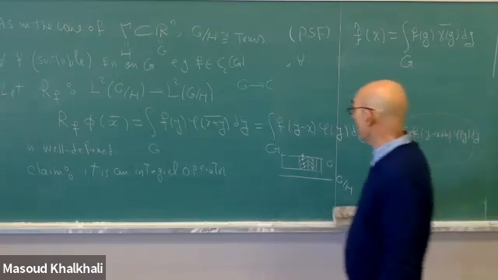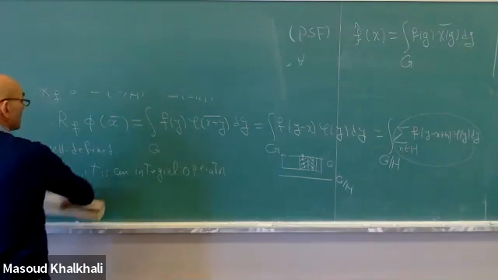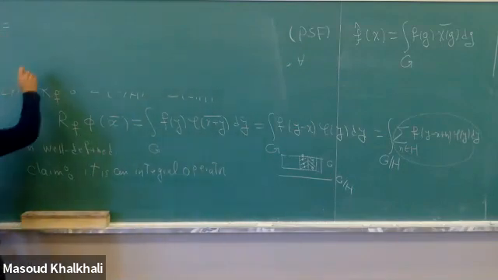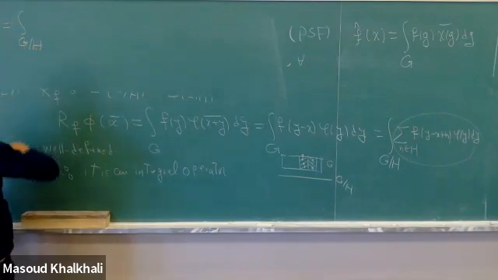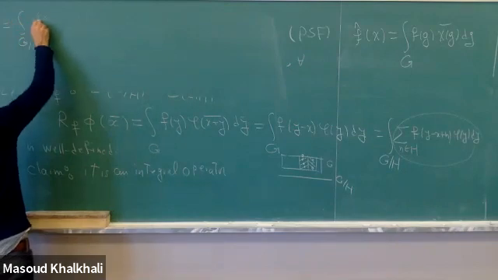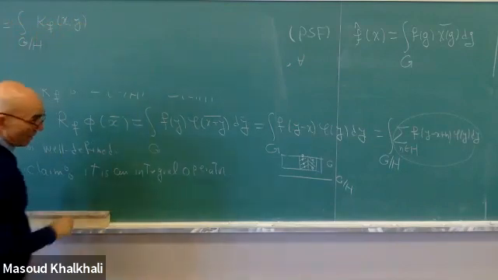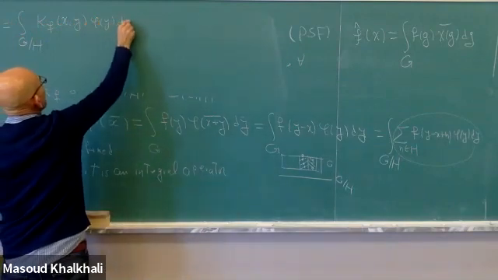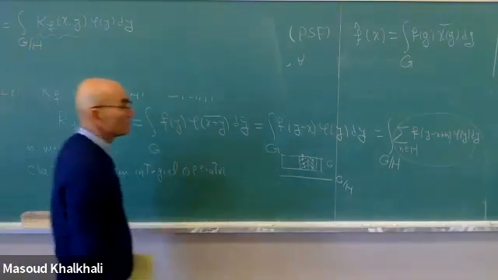So let us define K_f. We can write it as the integral over G mod H of K_f of x and y, phi of y dy. So this K_f is this kernel.